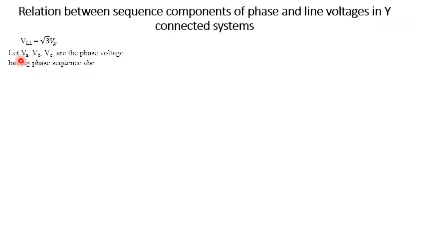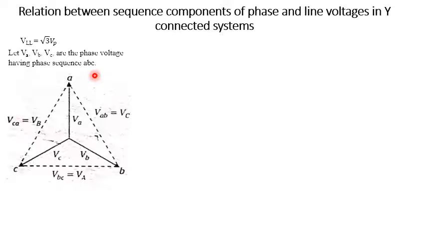Consider A, B and C are the phase voltages, having the sequence A, B and C. This is the figure we are considering, with points A, B and C. This is a star connected system where the phase voltage is VA, this is phase voltage VB, and this is VC.